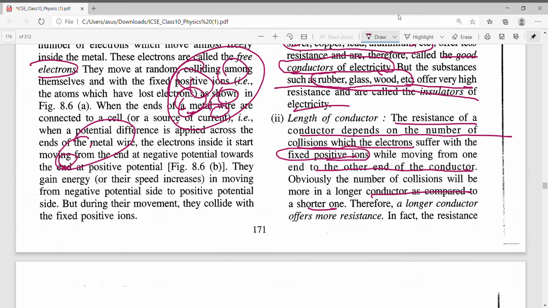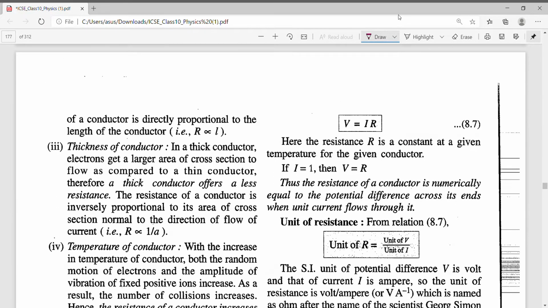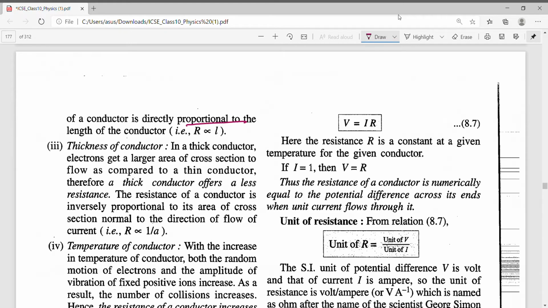If I talk about this conductor, it will have fewer positive ions. More positive ions mean more collisions with the electrons, and more collisions mean more resistance. Fewer positive ions mean fewer collisions, and fewer collisions mean less resistance, right? So in fact, the resistance of a conductor is directly proportional to the length of the conductor. The more the length, the more the resistance.